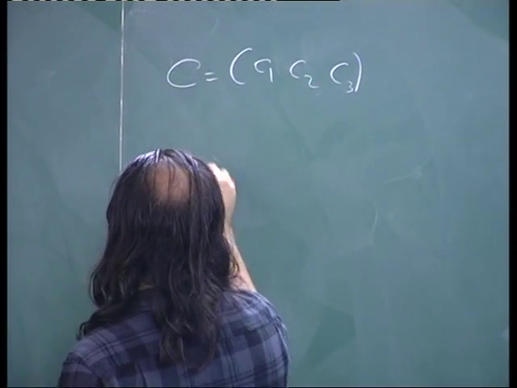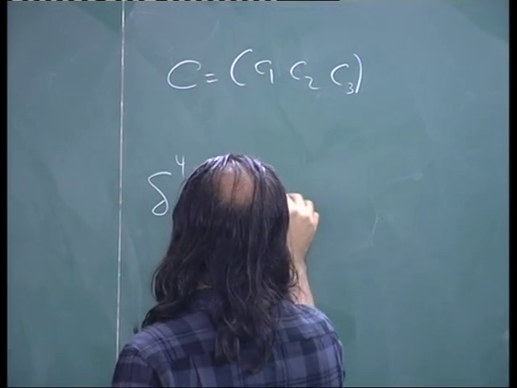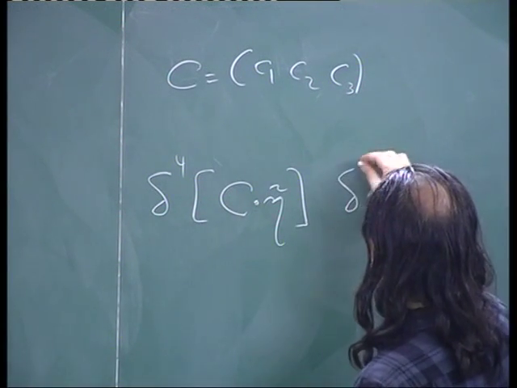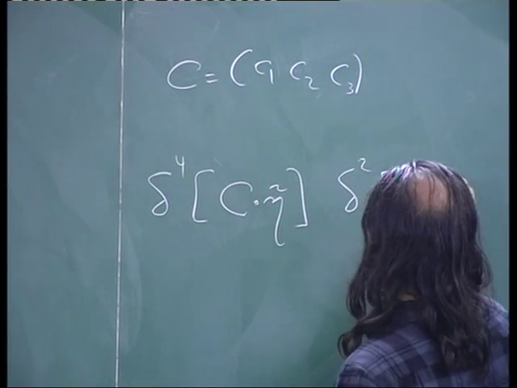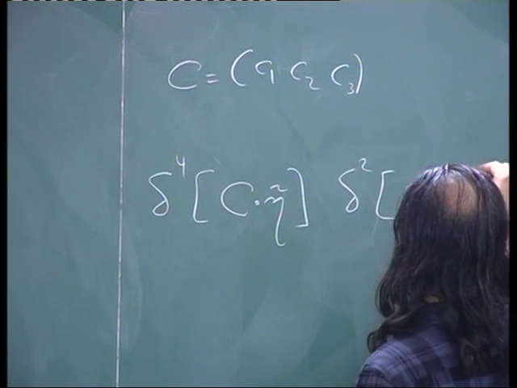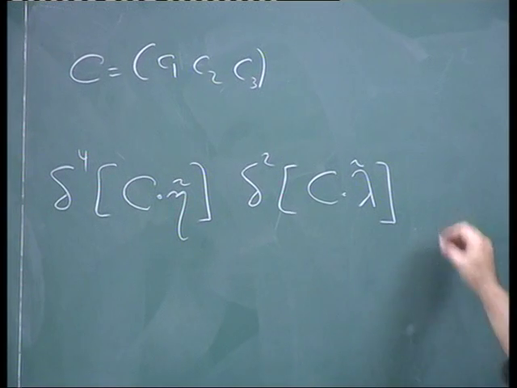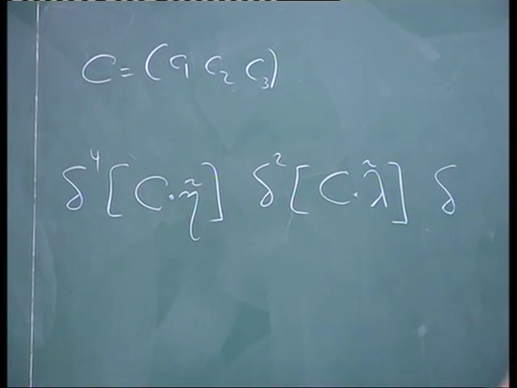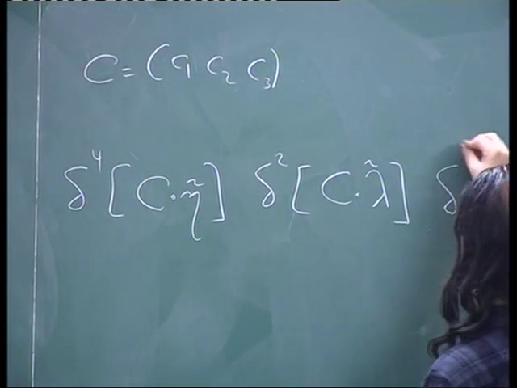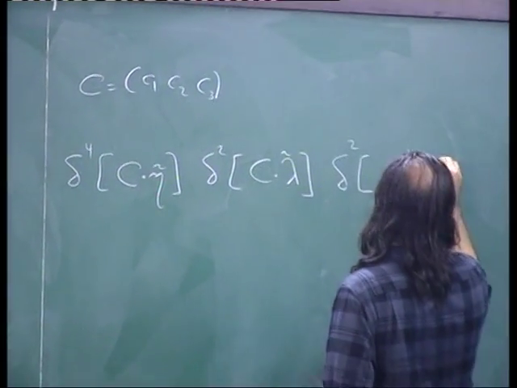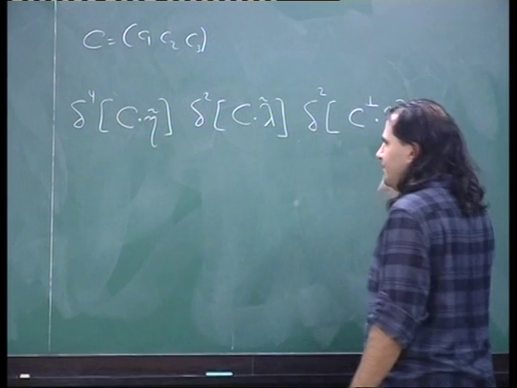First, for the fermionic guy, I'm going to impose that c dot eta tilde is 0. I'm going to impose that c is orthogonal to lambda tilde. Okay? And that c perp is orthogonal to lambda.